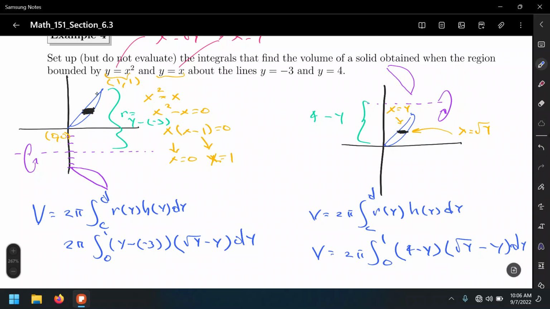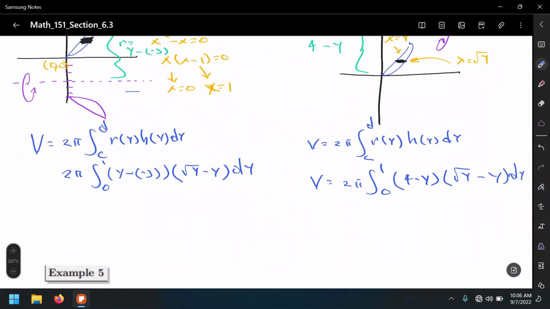In the first case the top is whatever the radius is, in the direction of y, minus the location of the axis of rotation. And over here it's the reverse. Here the highest point is the axis of rotation, which is 4, minus the radius y.